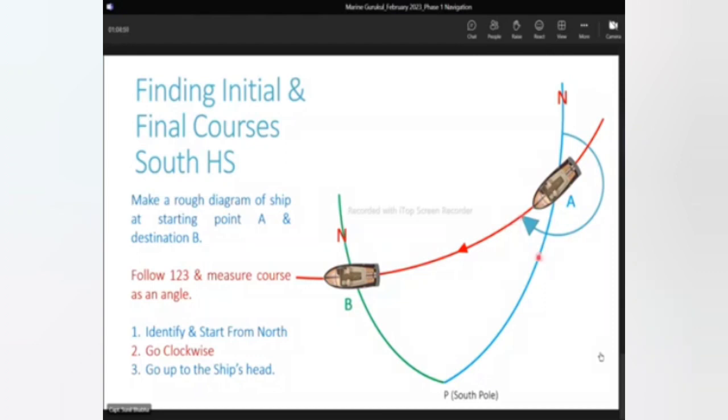You see, angle A is the internal angle of triangle PAB, this particular angle. We know from north direction to south direction up to here, this angle is 180 degrees. So the initial course is given by 180 up to here plus angle A. So the initial course is given in this case as 180 plus A.